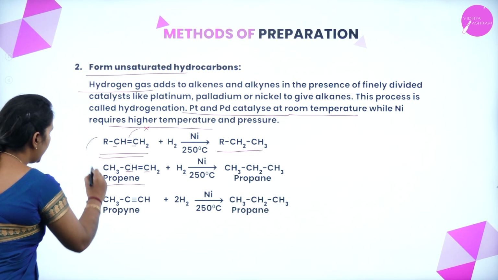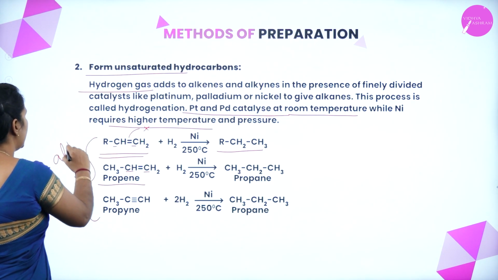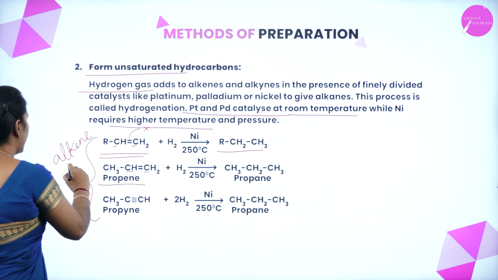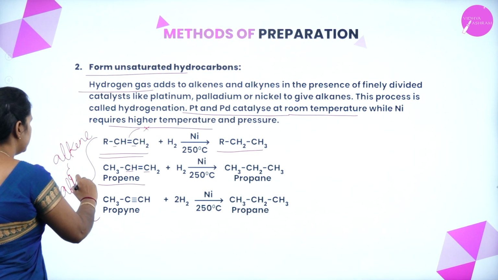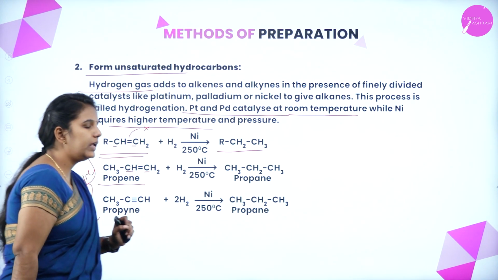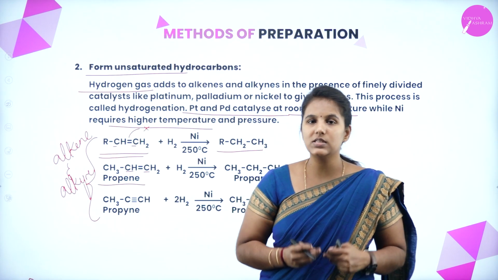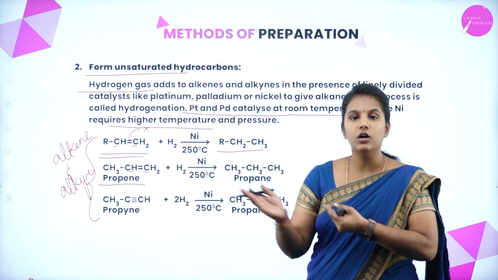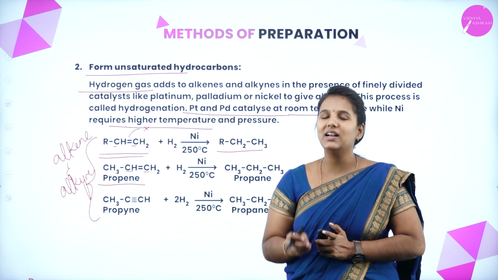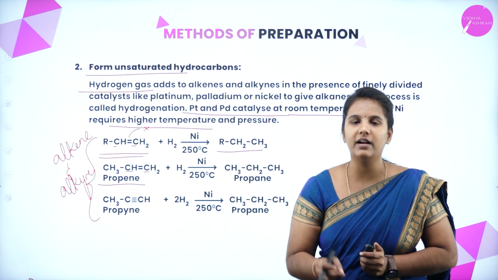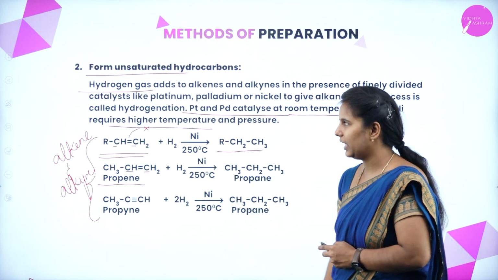This is how by using alkene and alkyne also we can easily prepare the alkane. By using unsaturated hydrocarbon, we can easily prepare the alkane, and it is also one of the simplest methods for the preparation of alkane.